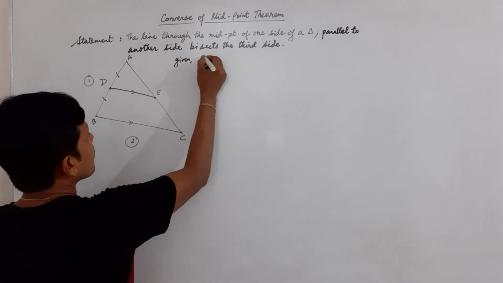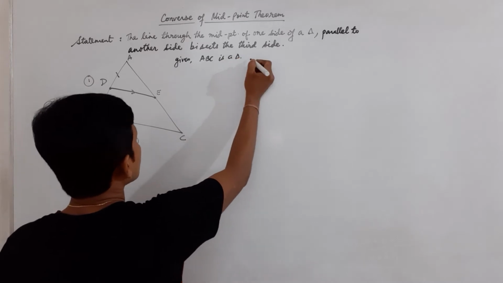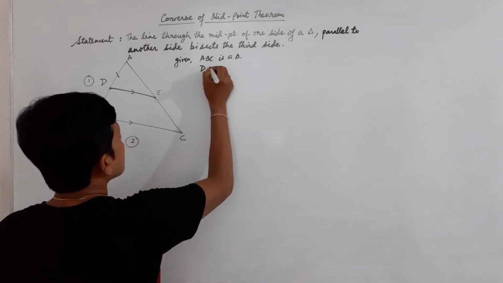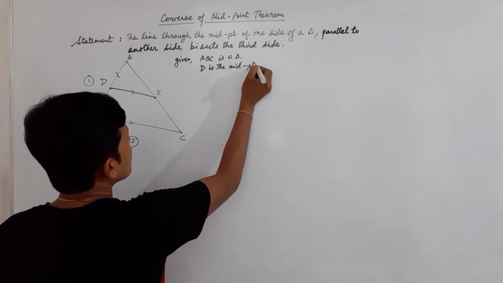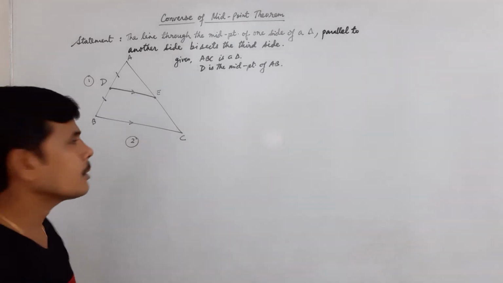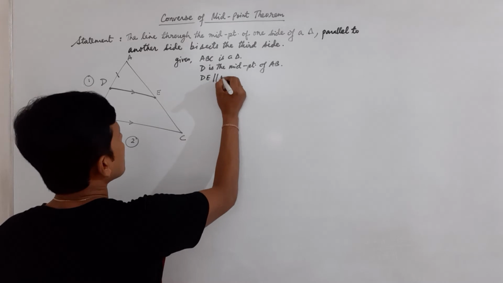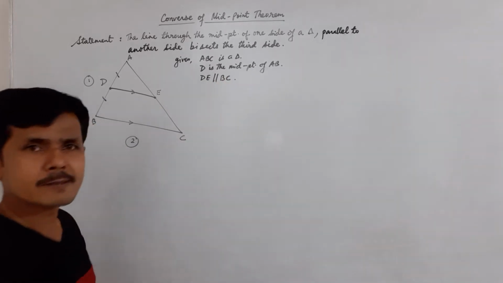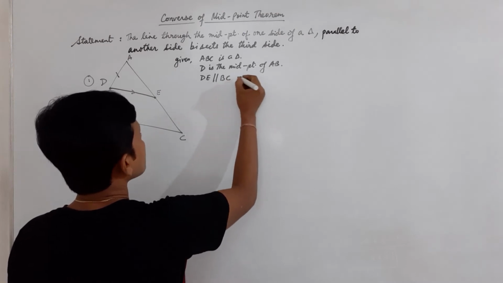Given: ABC is a triangle, D is the midpoint of AB. Clear? DE is drawn parallel to BC.